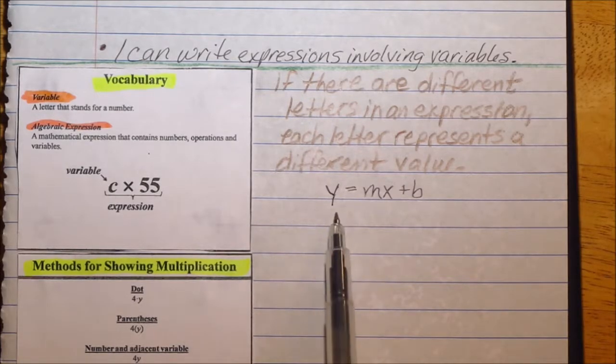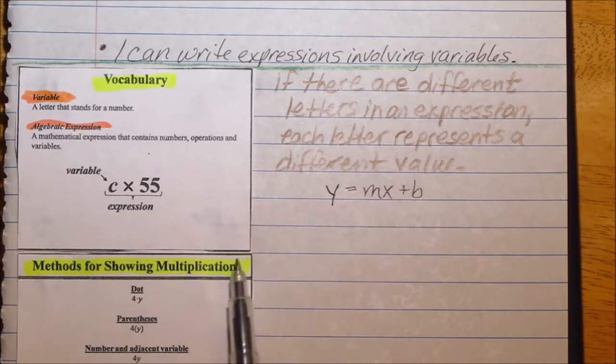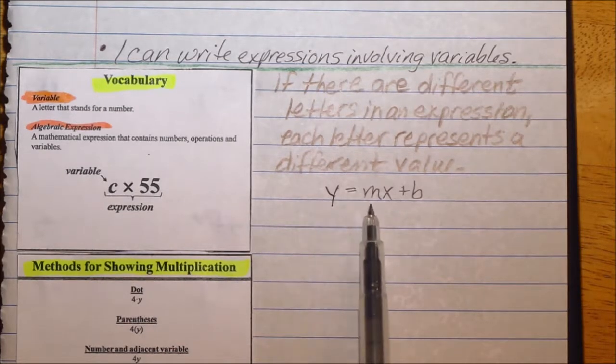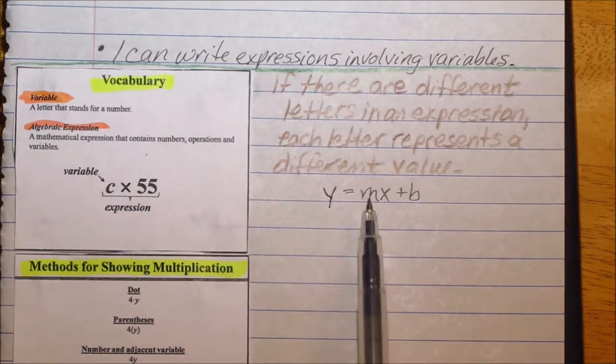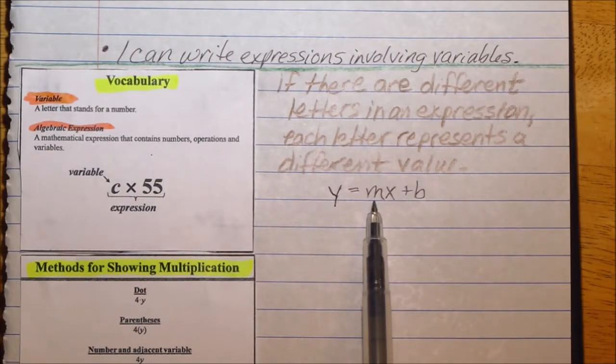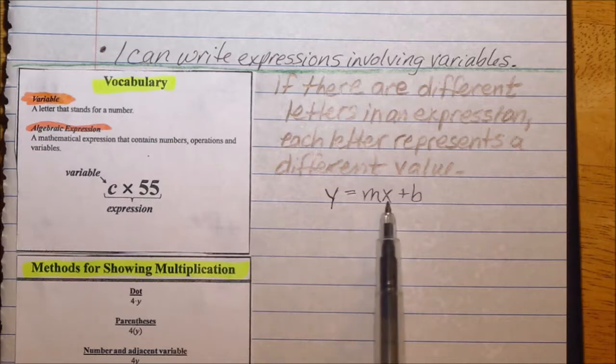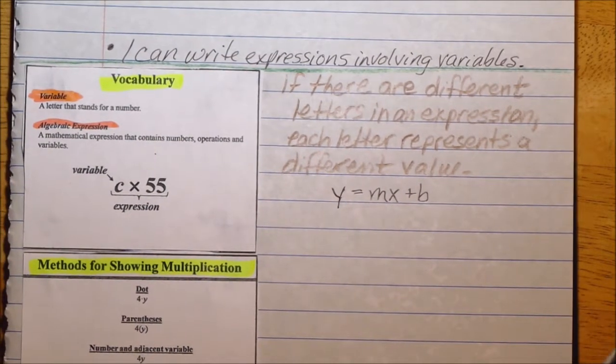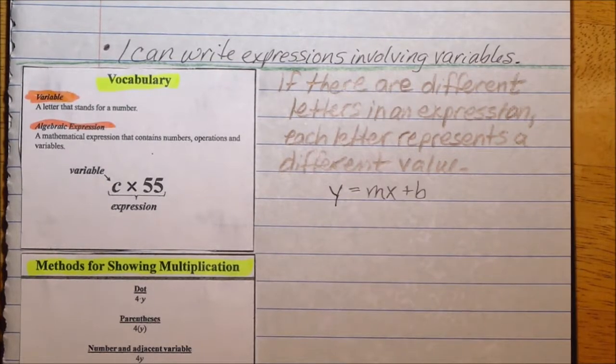Maybe this y is 15. Maybe this m is 13, but it can't be 15 because the y is 15, and if we wanted to represent 15 again, this would have to be a y again in the expression. So each one of these letters represents a different number, a different value. We don't know what that is yet.